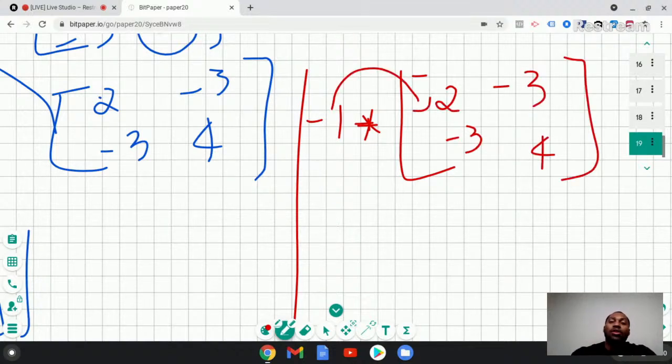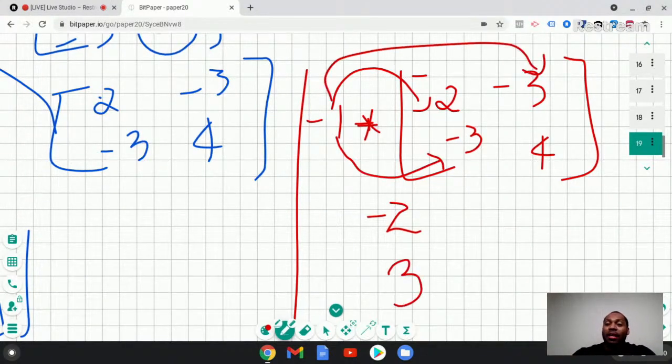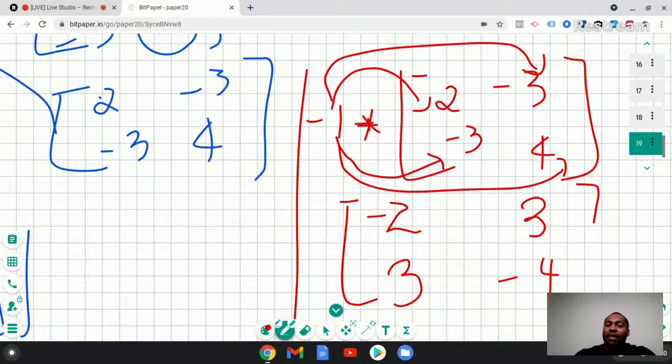So -1 times 2 is -2. -1 times -3 is 3. -1 times -3 again is 3. -1 times 4 is -4. And this is the inverse of A. This is A inverse.